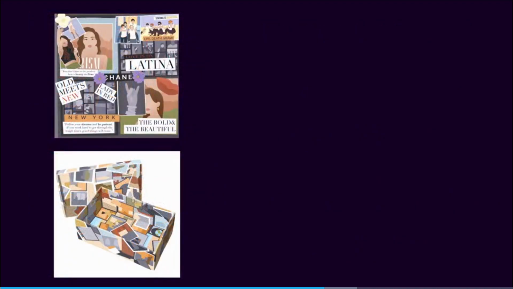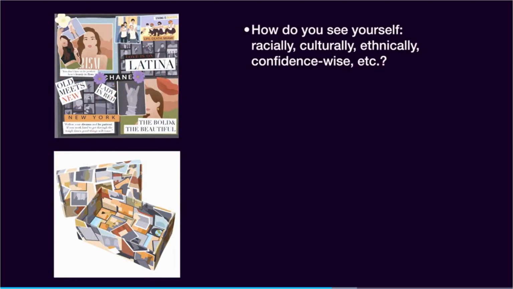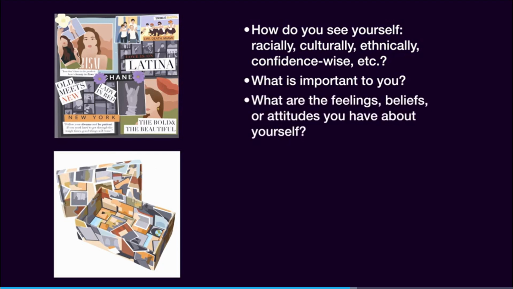Now, here are some guiding questions for the student to think about for the inside of the box. How do you see yourself? Racially, culturally, ethnically, confidence-wise, all of it. How do you see yourself? What is important to you? What are the feelings, beliefs, or attitudes that you have about yourself?